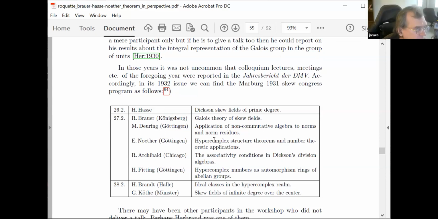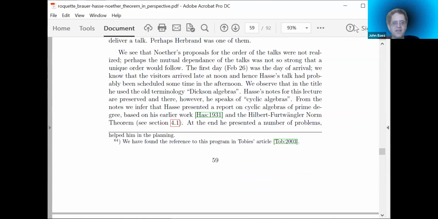So: hypercomplex structure theorems and number theoretic applications. And then some other folks, and I guess they're all somewhat known. I've never heard of Archibald before. But it's interesting.